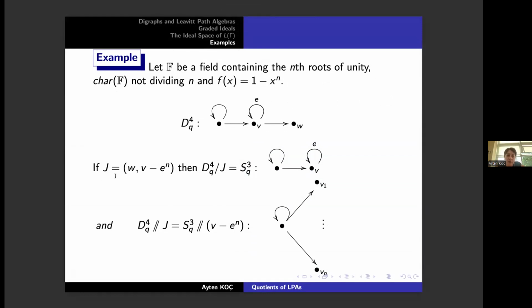If our ideal is generated by W and this polynomial, then Γ/J is the three-dimensional quantum sphere we obtain, and deleting this vertex and arrow, we obtain this one. So Γ//J, for our ideal J, we obtain this one.